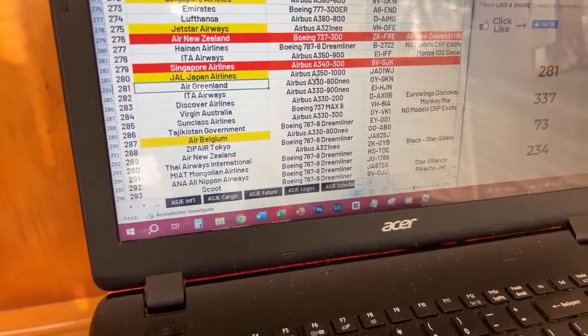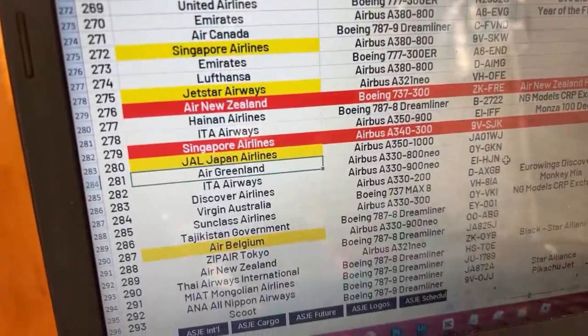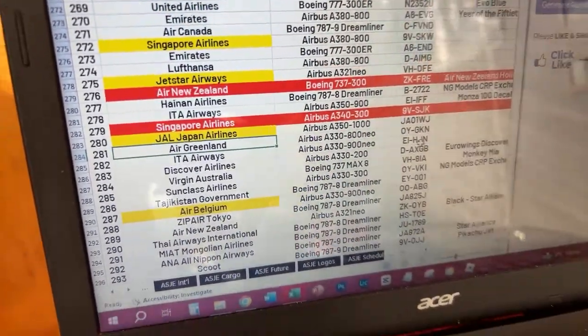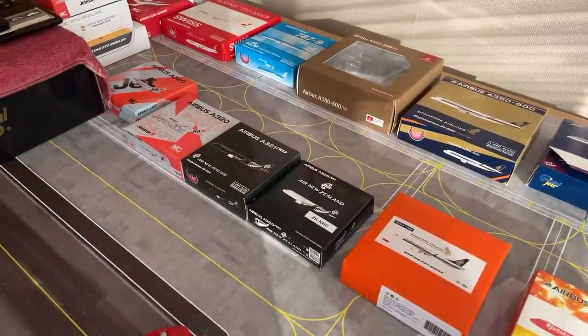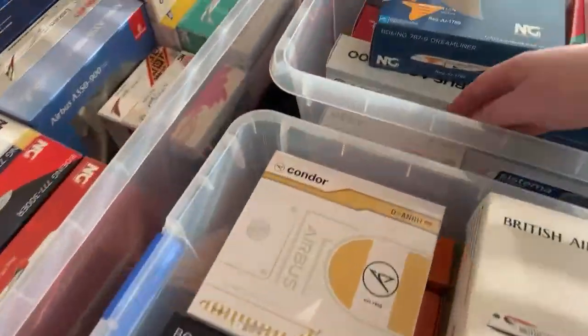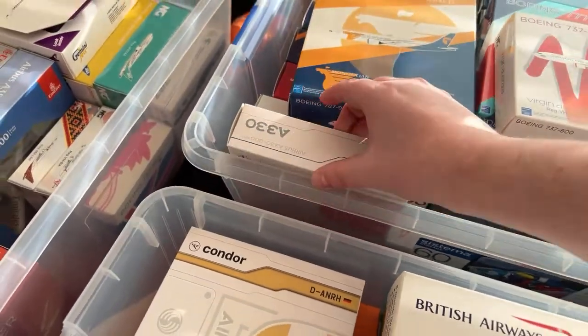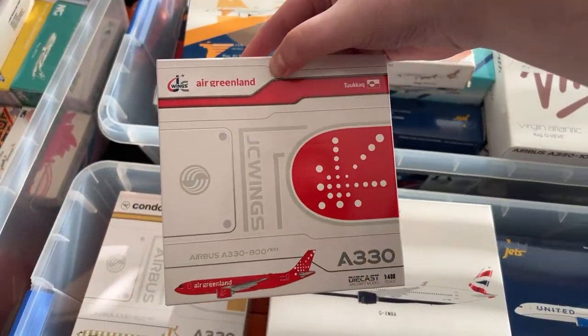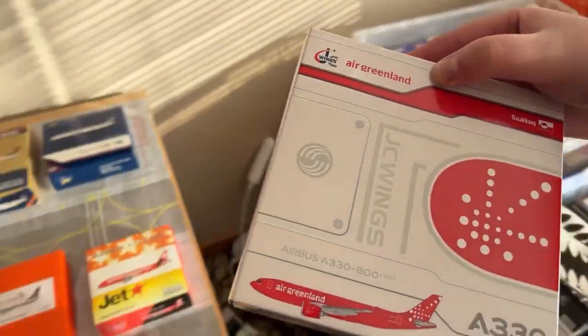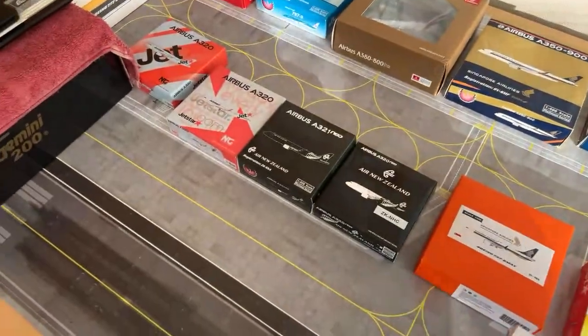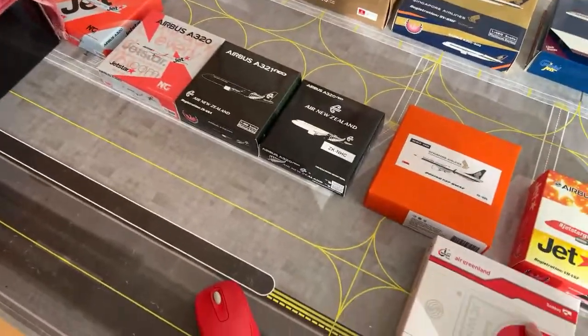Oh wow, very nice. Air Greenland A330-800neo. I recently put this one away. Right here. Here it is. Iceland. Oh, sorry, not Iceland. Greenland. So I'll put that one right here.